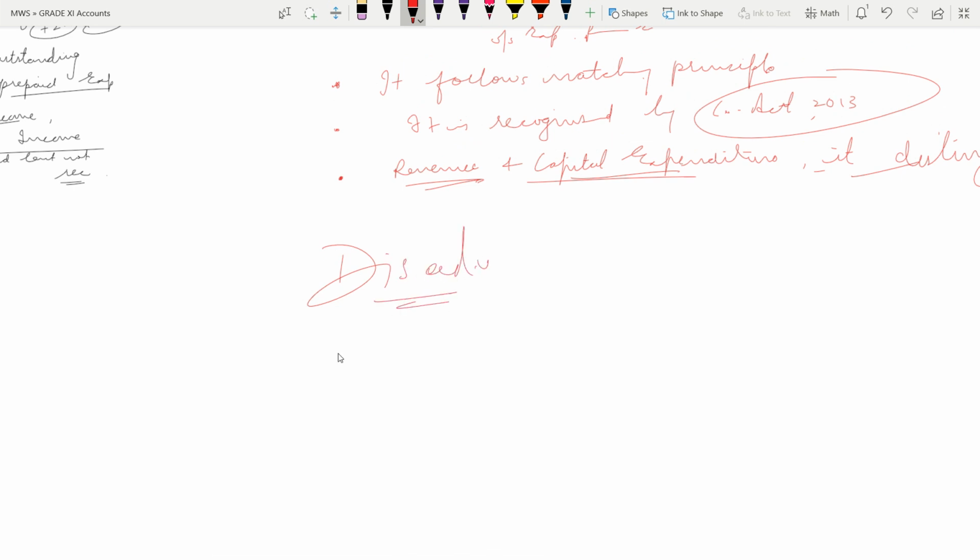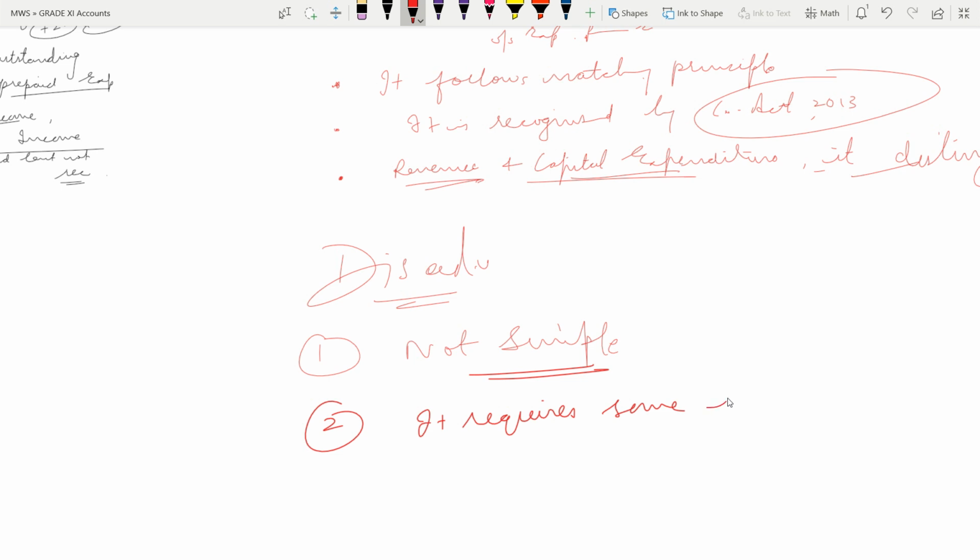So let us note some disadvantages also. First, it is not as simple as cash basis. Second, it requires some estimates, which you will get to know later, and personal judgments.